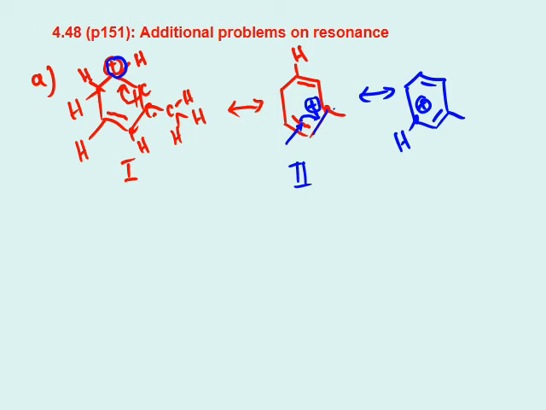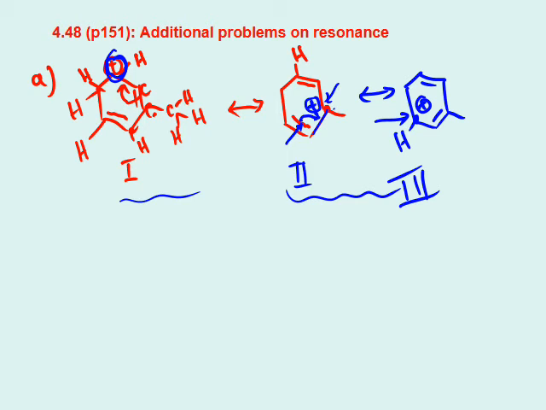So what we see here is the positive charge moves around from this location in structure 1 to this location in structure 2 and this location in structure 3. So these are the two additional resonance structures for this particular molecule or ion. So altogether there are 3 resonance structures, but they have already given you one.